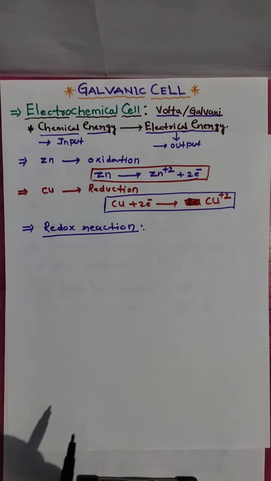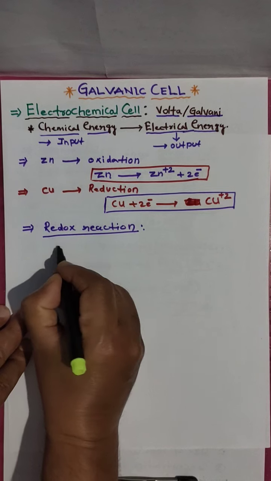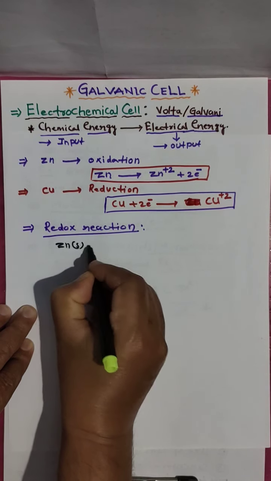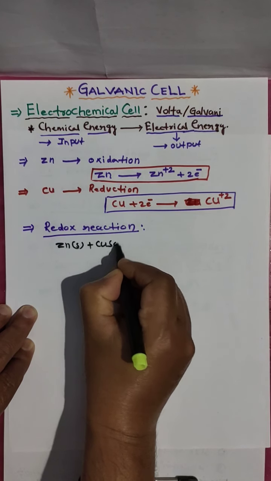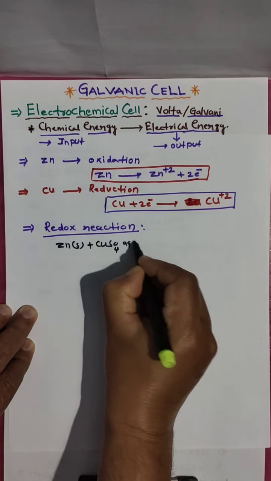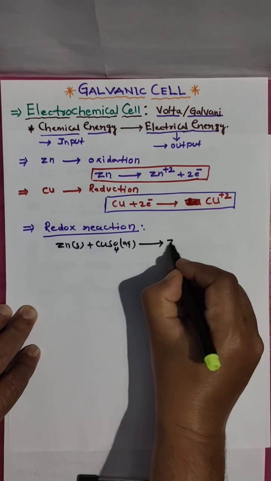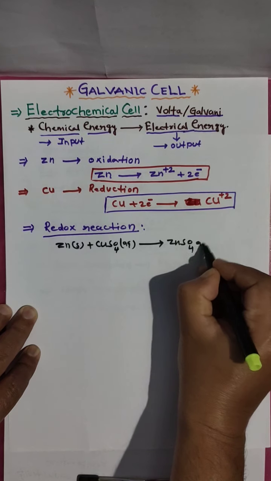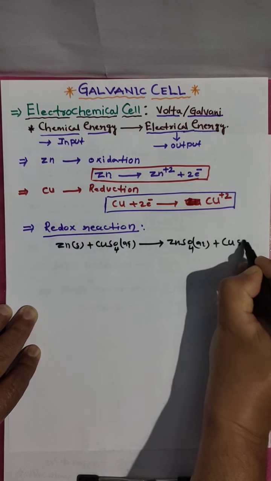The total reaction in a galvanic cell takes place like this: Zn, solid, plus CuSO4, copper sulfate aqueous solution, giving rise to ZnSO4 aqueous plus copper solid.